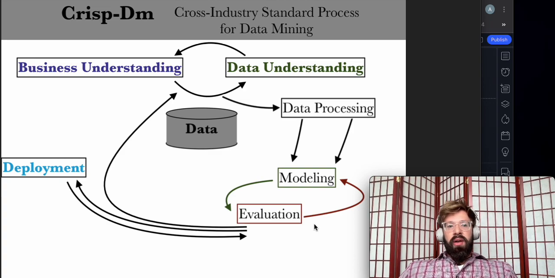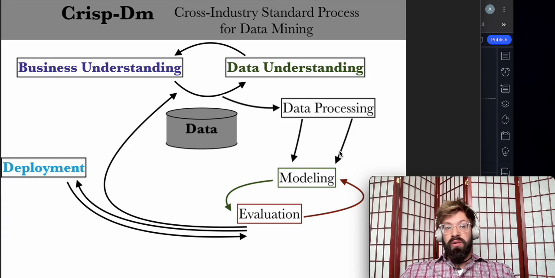Then you have classification, which is better for picking a quantifiably different category. Something like the binary classification of will a loan be approved or not? Will this drug work or not?